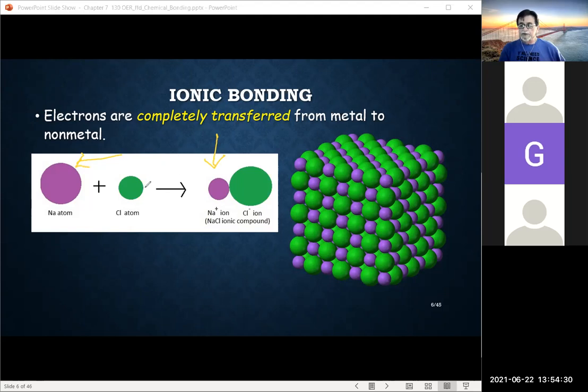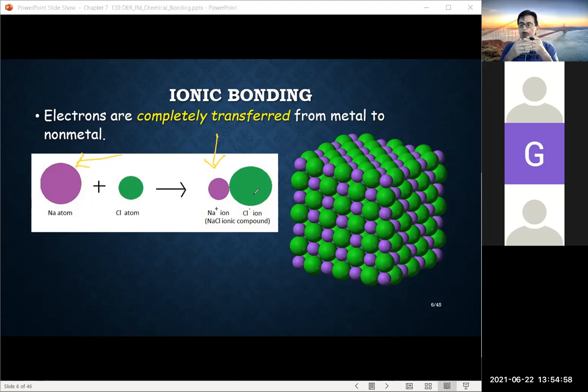And guess what happens? Picking up an electron, now it has 8 electrons in the outermost shell, and the electrons, being negative charge, will repel each other. So the anion is larger in diameter than the element itself. And so that denotes the attraction here between the sodium ion and the chloride ion, as if there were two magnets that come together.